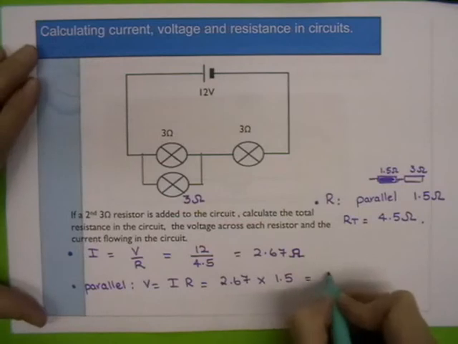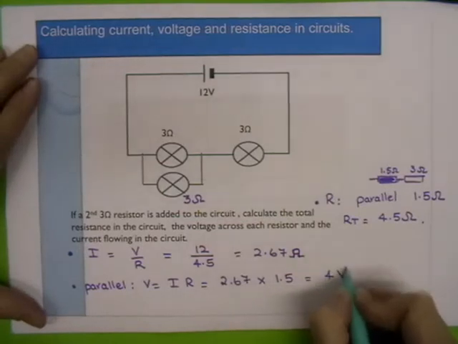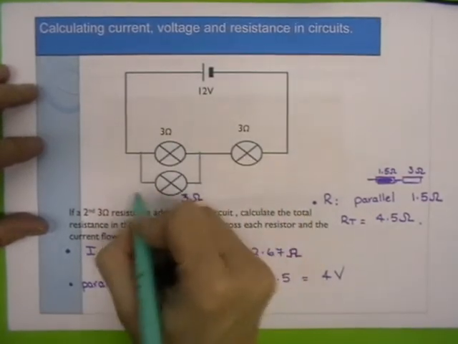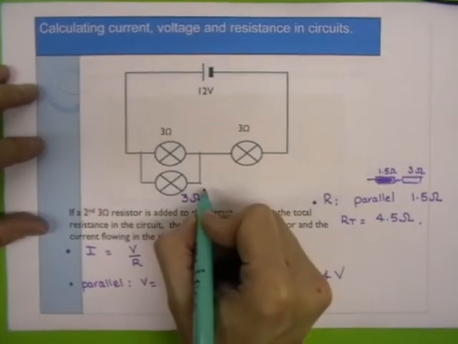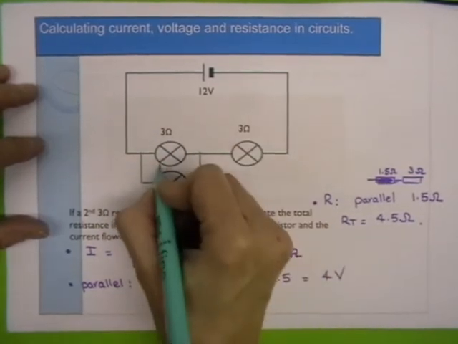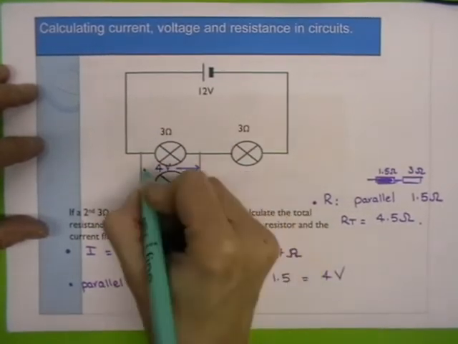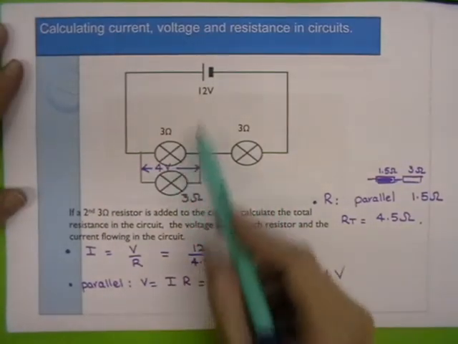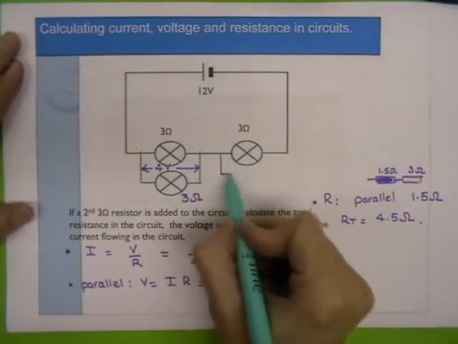And that gives an answer of 4 volts. So that means there's 4 volts across here, and 4 volts across here. So if there's 4 volts of the 12 volts having been used here, I'm going to write 4 volts here. Then what's left? You have 12 take away 4, and that must give you 8 volts there.